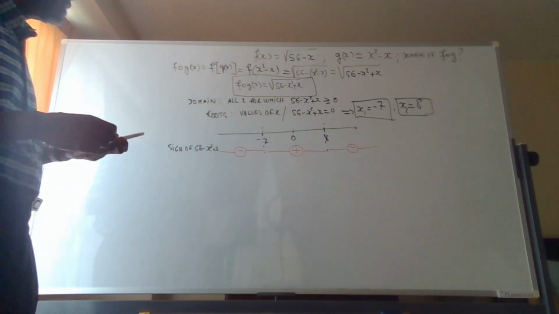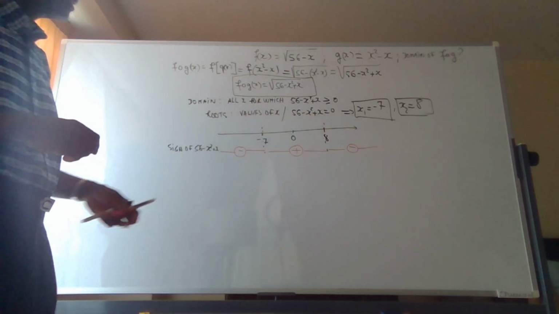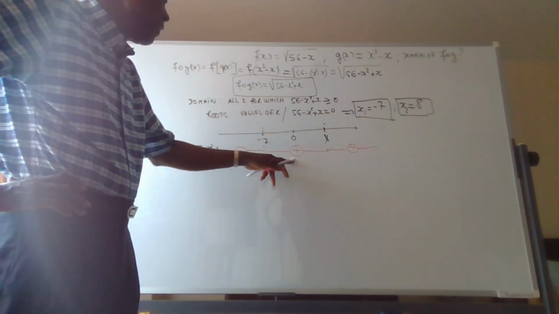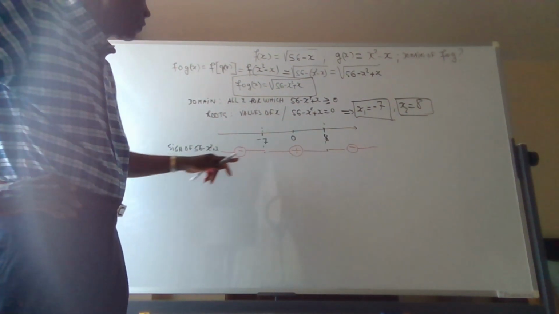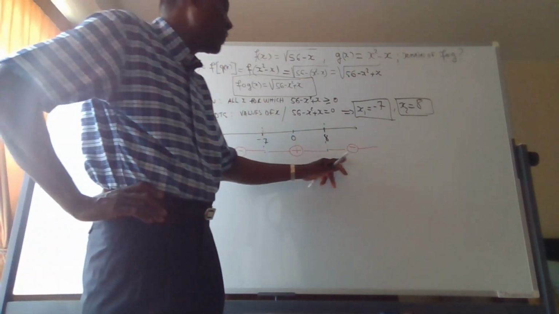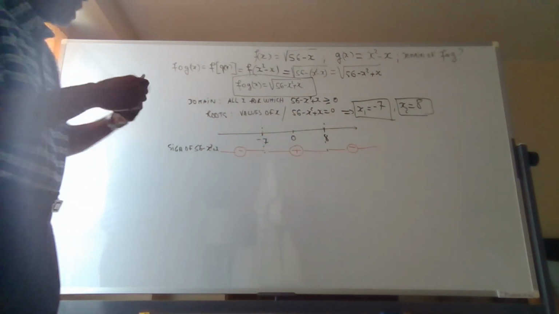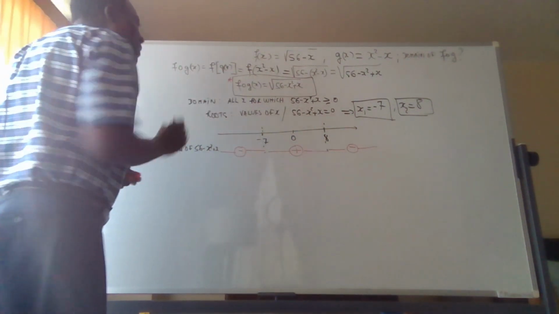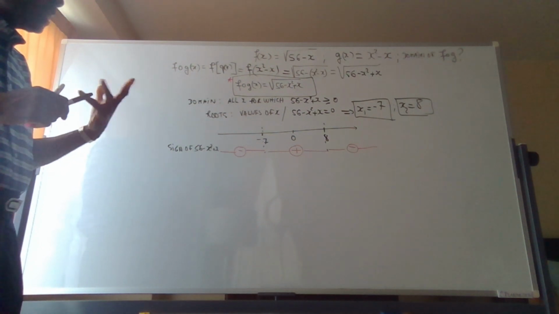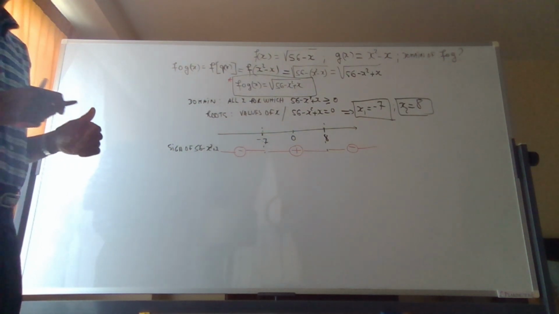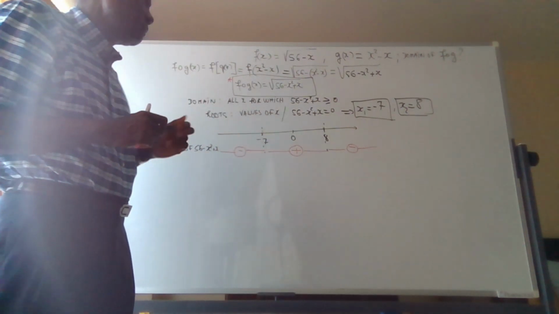So basically the expression 56 minus x squared plus x is positive for all values of x between minus 7 and 8, and negative for all values of x smaller than minus 7 and for all values greater than 8. So the domain of definition of our function f∘g of x will be all values of x for which 56 minus x squared plus x is positive.